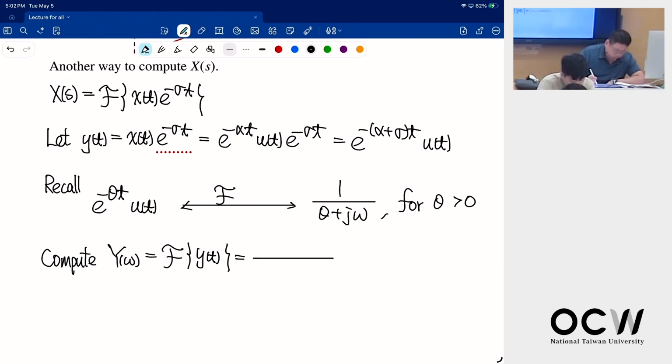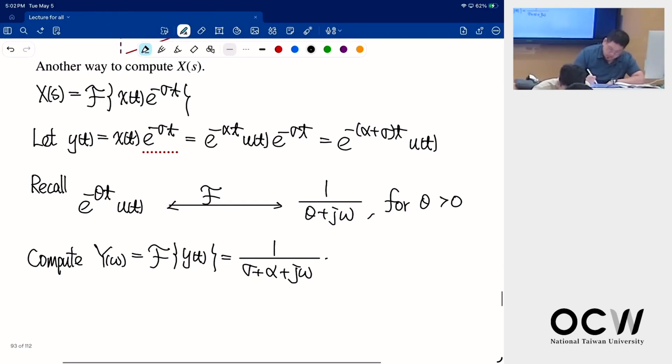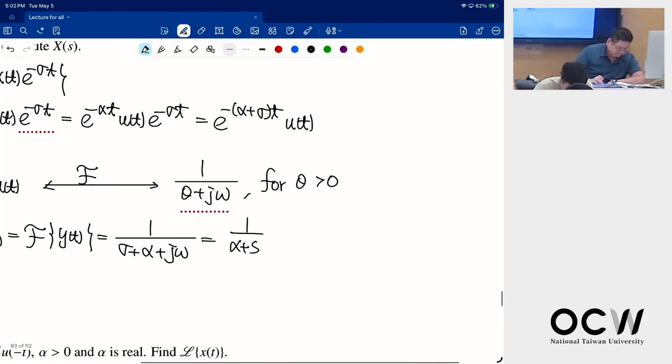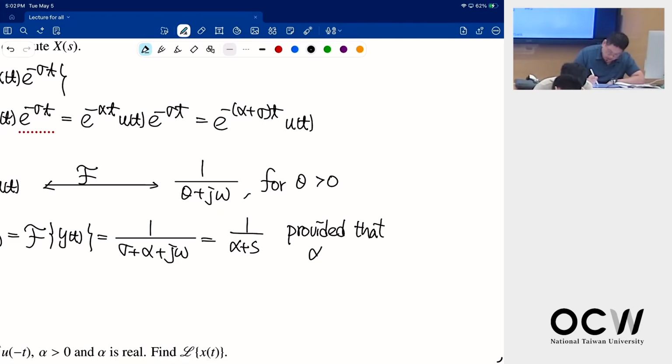So it will be 1 divided by, theta will be sigma plus alpha, and then plus j omega. So it is 1 over alpha plus s. And alpha plus sigma should be greater than 0.